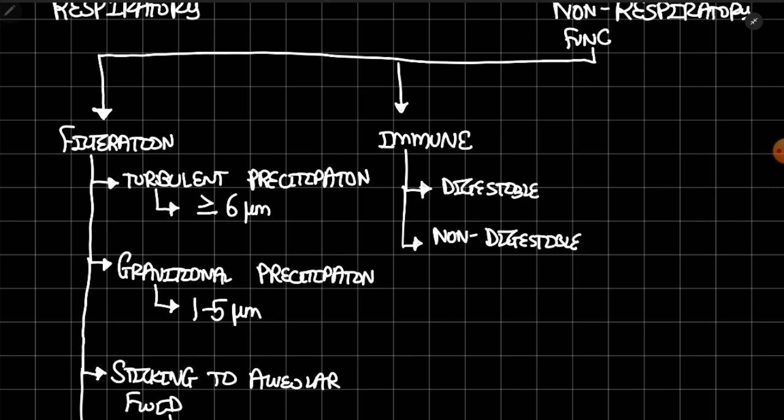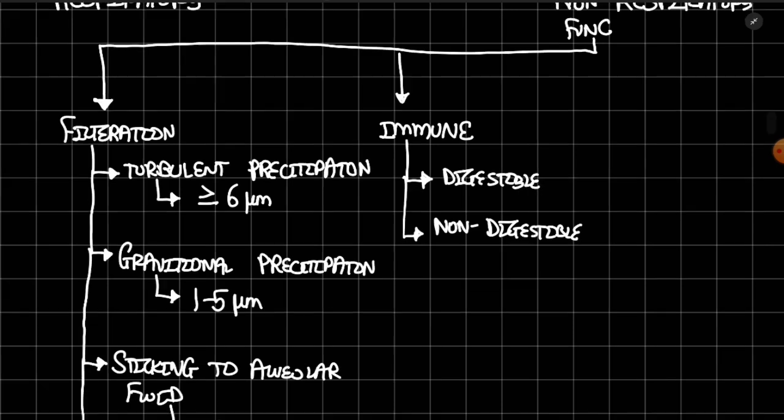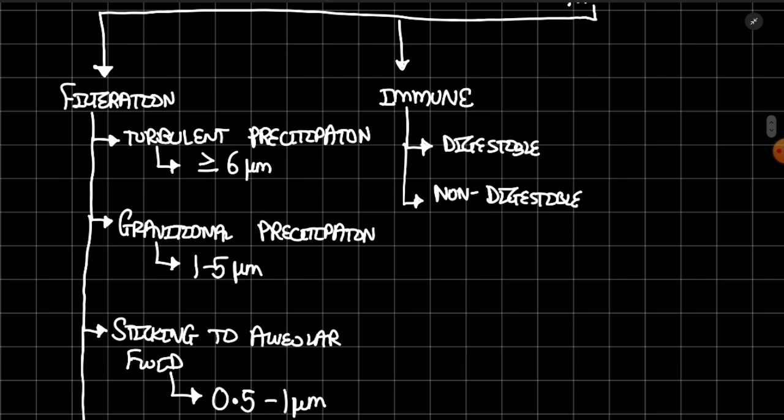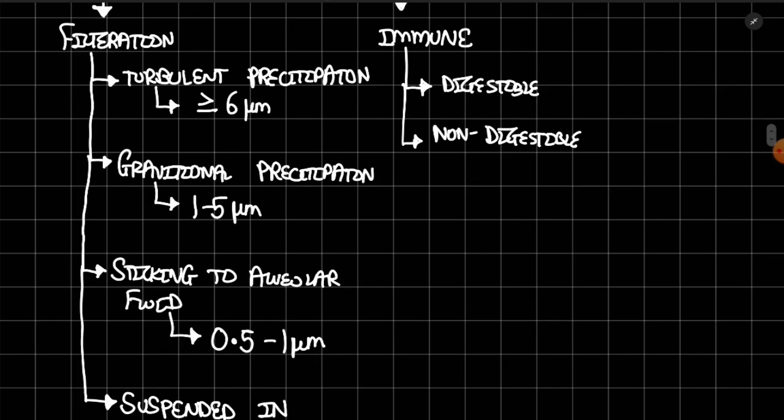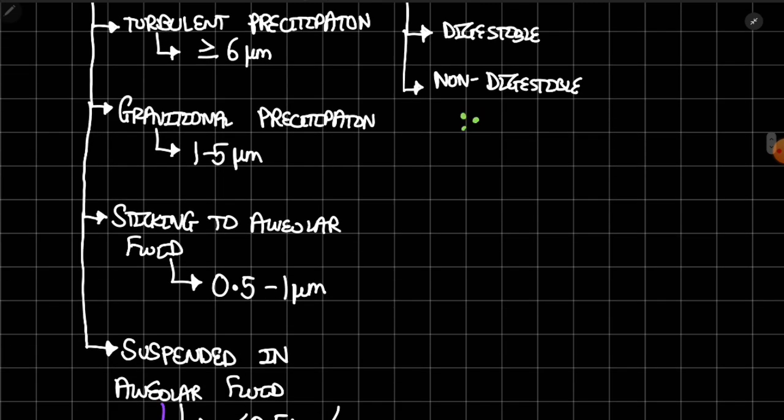Digestible is pretty simple. Digestible means a pathogen comes in the respiratory pathway and our immune system responds to it and it is destroyed. But in non-digestible, suppose these are the pathogens which have come in the airway. Now this is one pathogen microscopically.